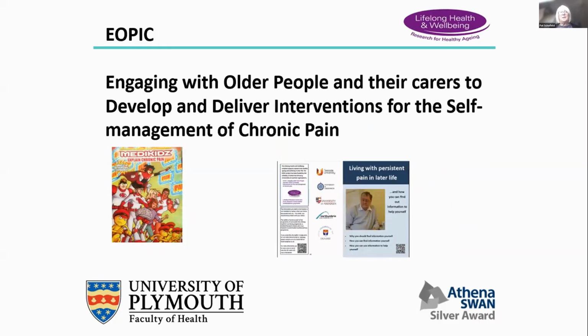What they then did was develop leaflets. One leaflet was about how to find information, because our older adults said they struggled to find information on the internet. As we all know, you end up going off in all sorts of directions, and a lot of the websites have gone, been closed down or moved. So they developed this leaflet to enable other older adults to find available literature.